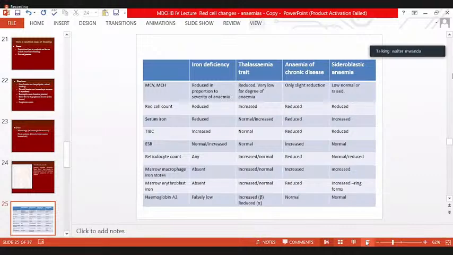But if it is for differential causes, then one may do it. Stainable iron is increased in sideroblastic anemia, anemia of chronic disease, and also in thalassemia. But again, it is usually not extremely useful because of the many causes of absent stainable iron.